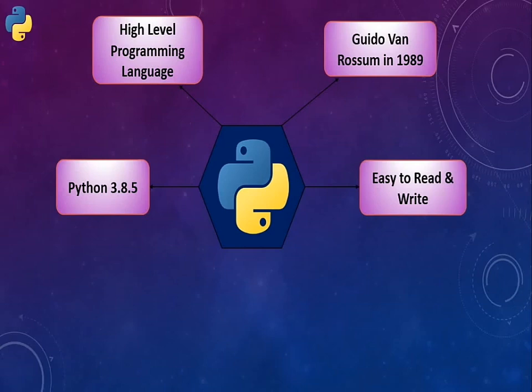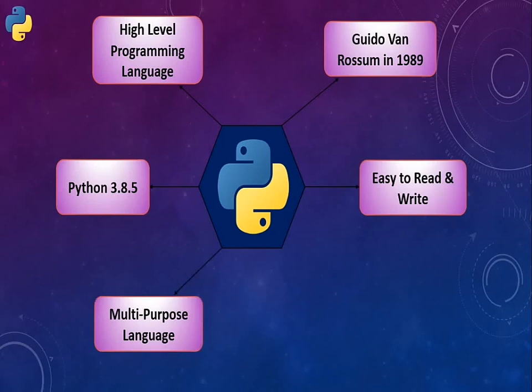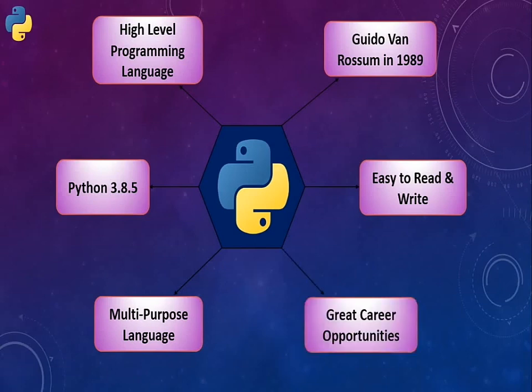It is very easy to read and write the code as well as to debug the code. It is also known as a multi-purpose programming language as we can develop applications, games as well as scripting code. It provides career opportunities in the field of AI, machine learning, IoT, hacking, web development and many more.